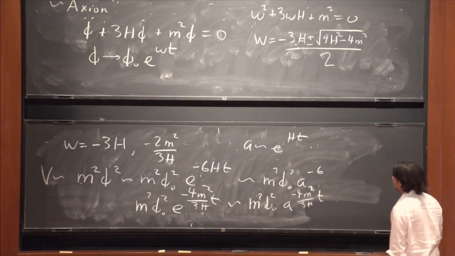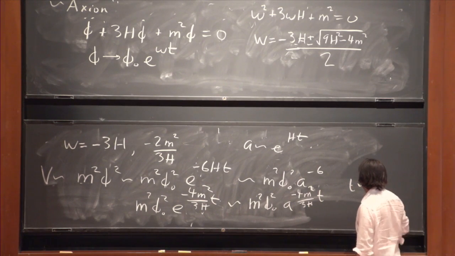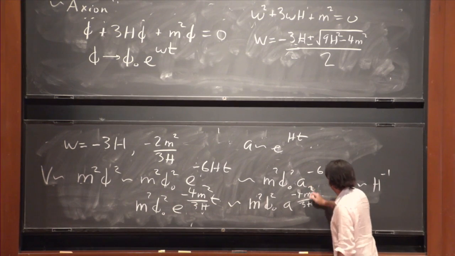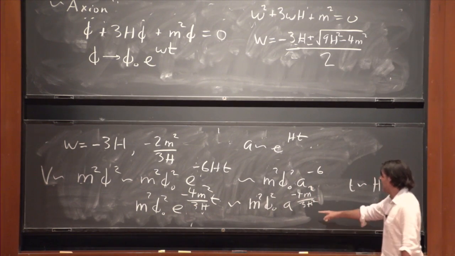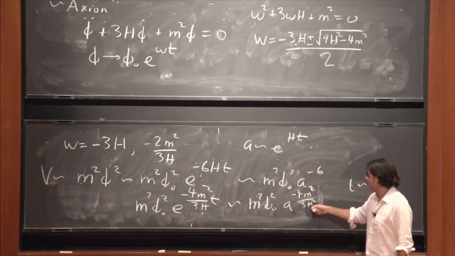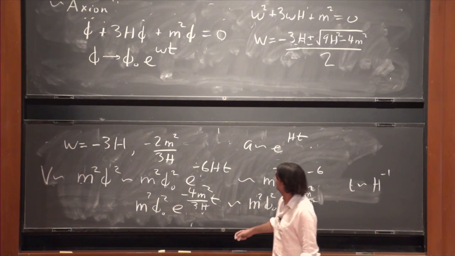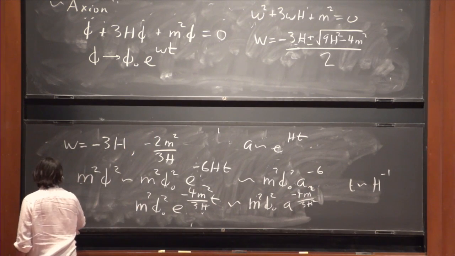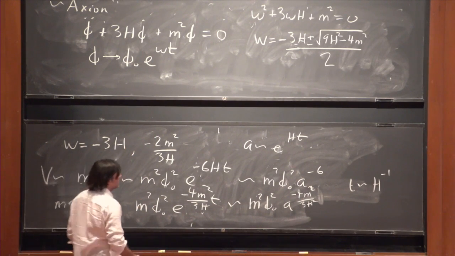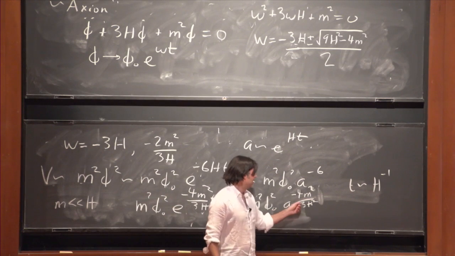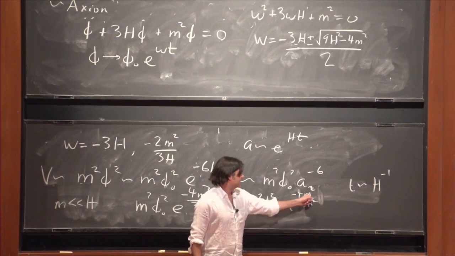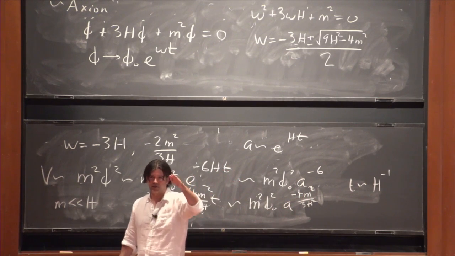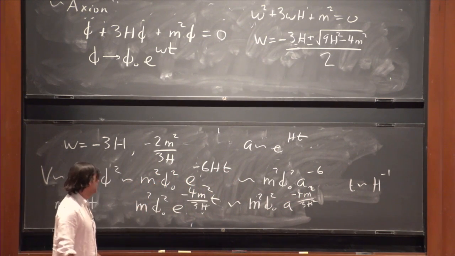If I plug in t, which is comparable to the Hubble time, then this is a to the minus 4m squared over 3H squared. But by definition, we are taking the case where m was much, much less than Hubble. Since m is much, much less than Hubble, in one Hubble time, this coefficient here is very, very small, which tells me that the energy density in this scalar field is barely changing.